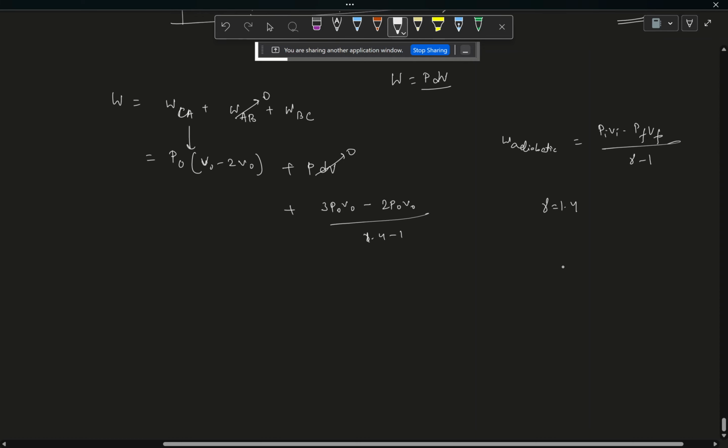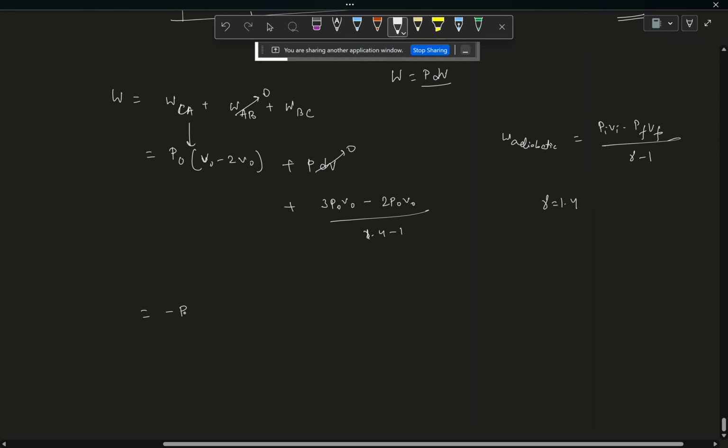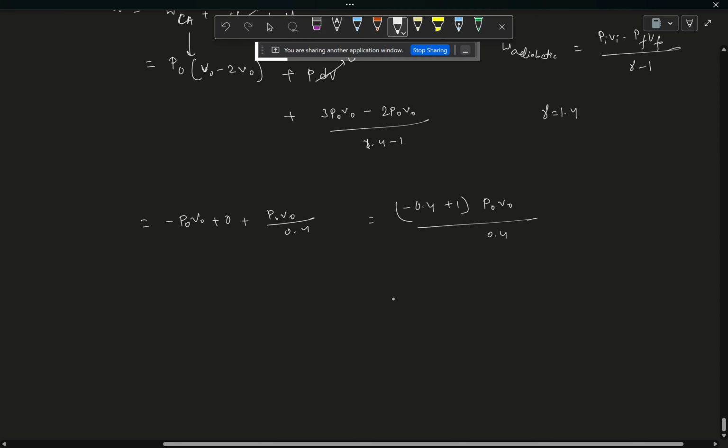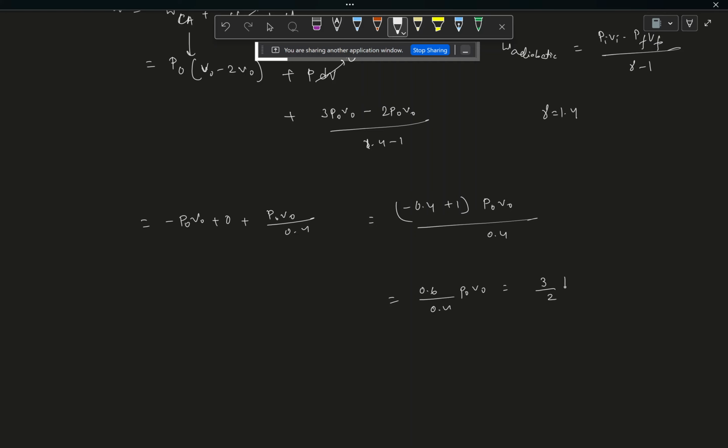So 1.4 minus 1 is 0.4. So the first part is minus P0 V0 from WCA, plus the second term 0, plus P0 V0 by 0.4. So this is minus 0.4 plus 1 times P0 V0 by 0.4. So this is 0.6 by 0.4 P0 V0. This is 3 by 2 P0 V0, or 1.5 P0 V0.